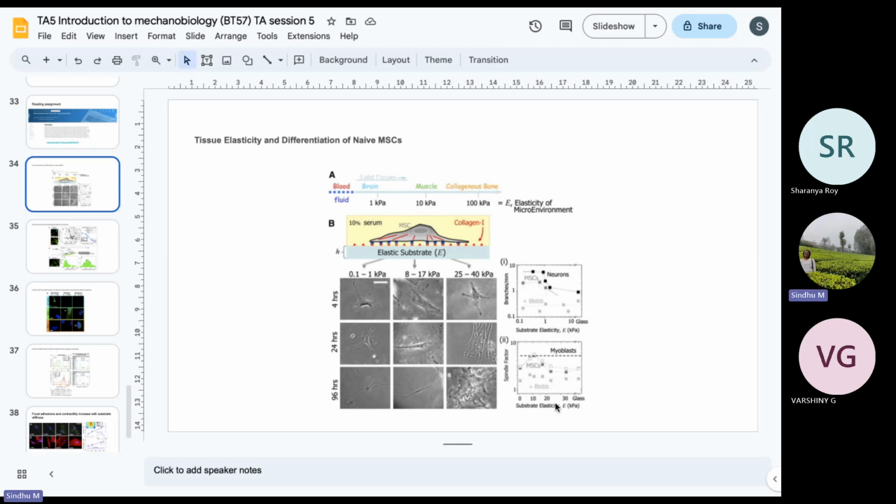When we add blebbistatin to inhibit the actomyosin contractility, the stem cell fate does not change. So in this paper, they are saying that on different substrate stiffness, the actomyosin contractility is different. And because of the different levels of contractility, the stem cell decides whether it has to become a nerve cell, a muscle cell, or a bone cell. So that is the main idea of this paper.